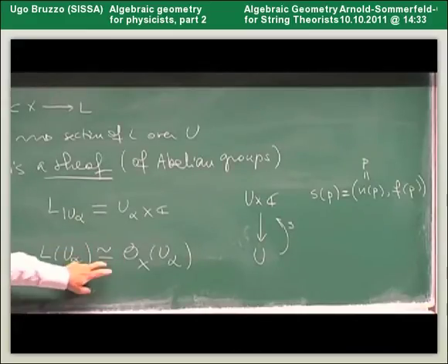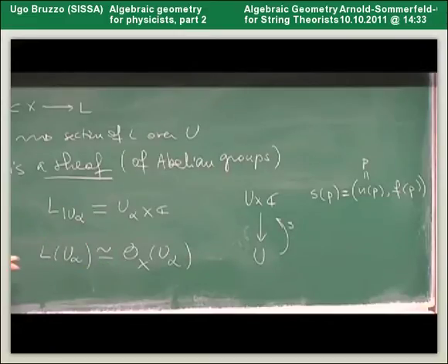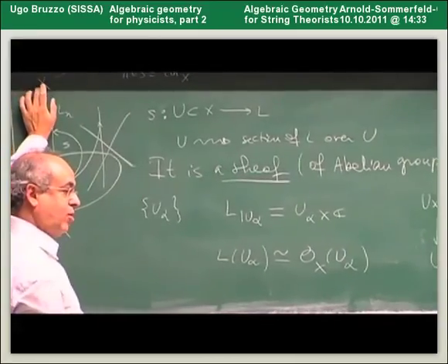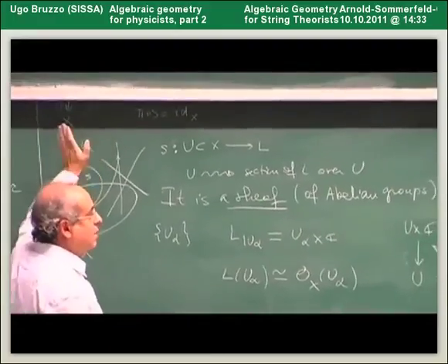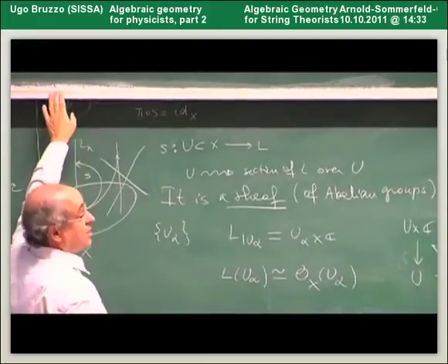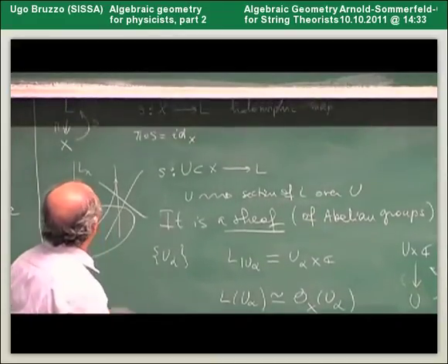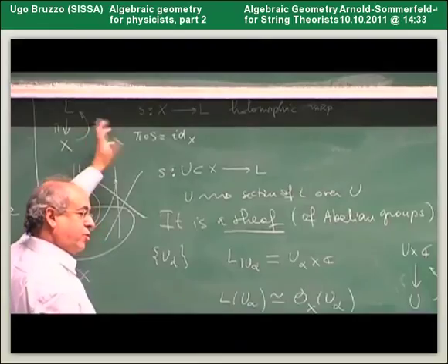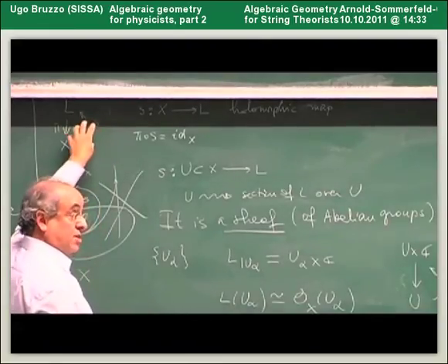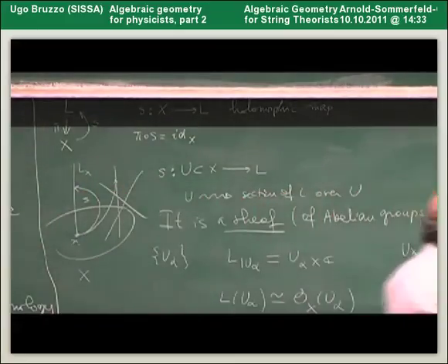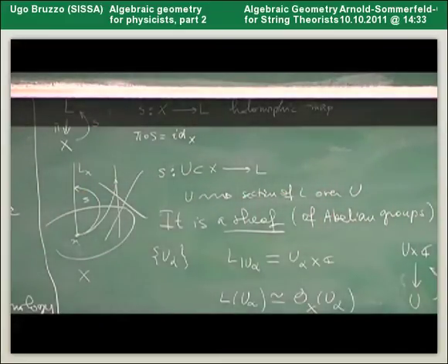While it's always true that if I choose U alpha small enough I do have sections, it may happen that if U is too big, for instance the whole of X, there are no sections at all. But otherwise, this terminology, section, which for bundles has a different meaning, actually coincides. If I look at a line bundle as a sheaf, the two terminologies coincide.